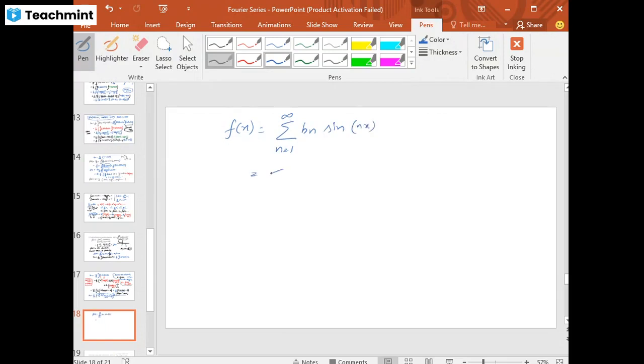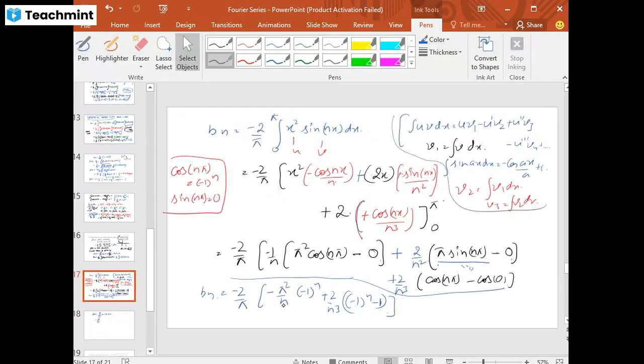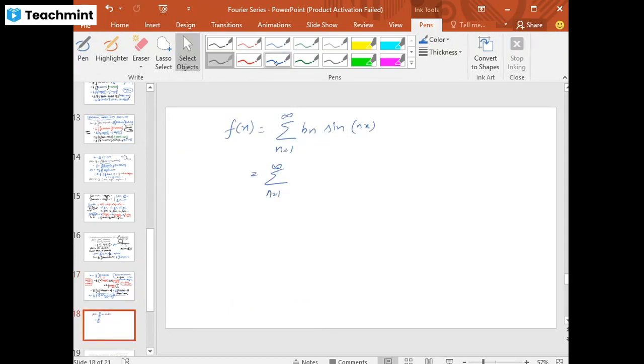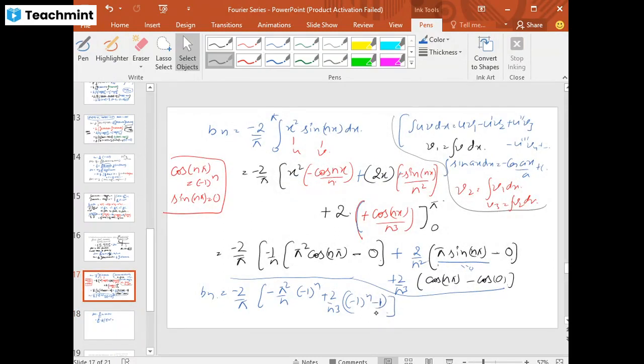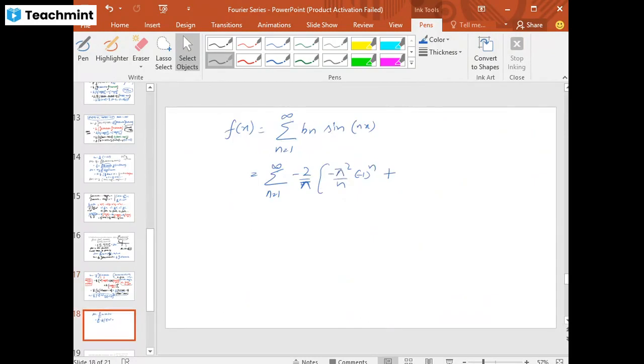So this is equal to summation n varies from 1 to infinity, the value of Bn, which comes out to be 2 upon pi times minus pi square upon n into minus 1 raised to the power n plus 2 upon n cube into minus 1 raised to power n minus 1, times sine of nx.